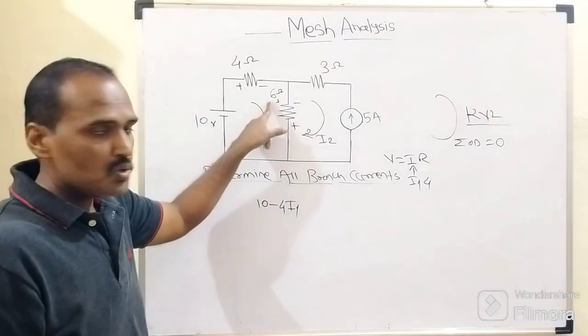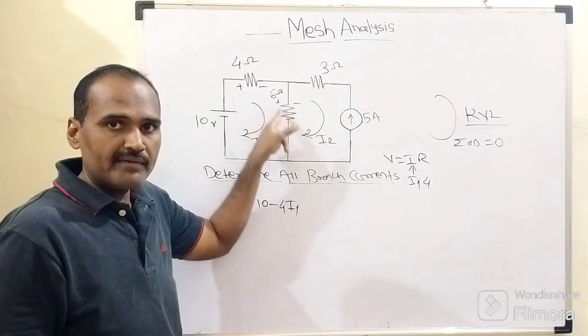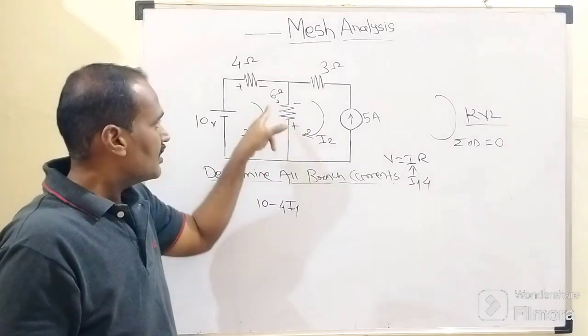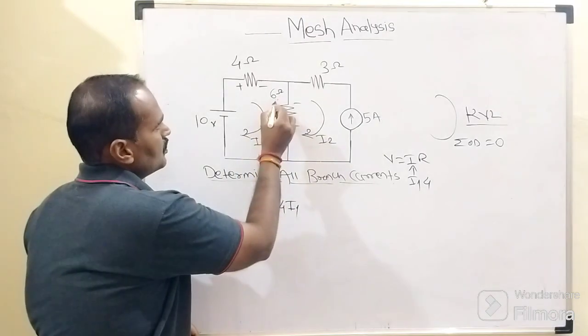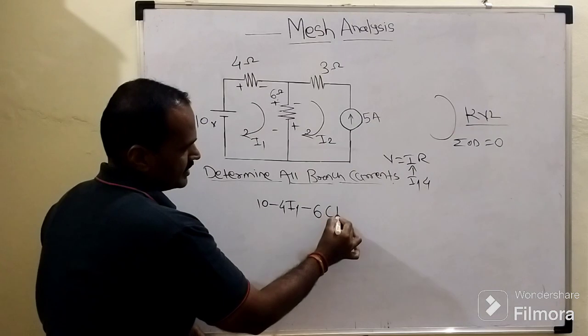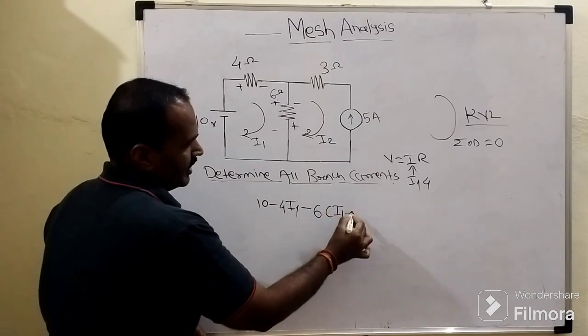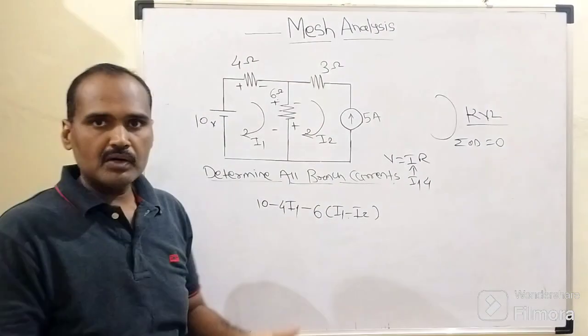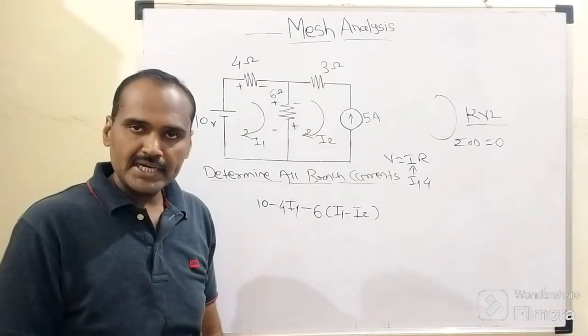Then as far as the 6 ohm resistor is concerned, I1 flows through it from top to bottom, which means we are going from the positive plate to the negative plate. So we need to consider the opposite sign: minus 6 times I1 minus I2. Now the question arises, why is this minus sign taken between these two fundamental branch currents?